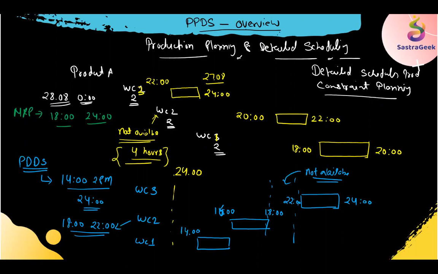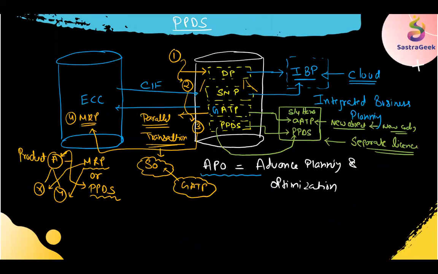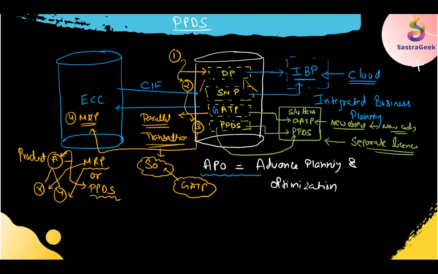We tried to understand capacity constraint planning and how PPDS would help with it. We also discussed APO, the different components available in APO, and what happens to those components in SAP S/4HANA, which component goes into which tool.